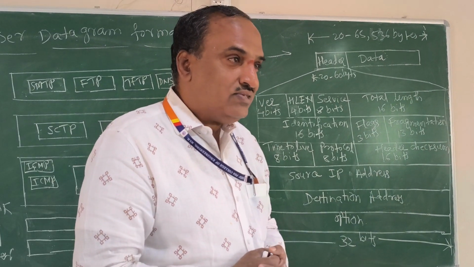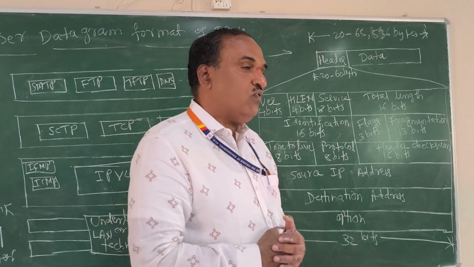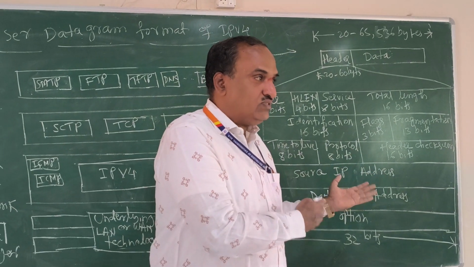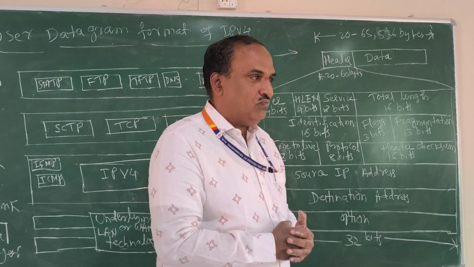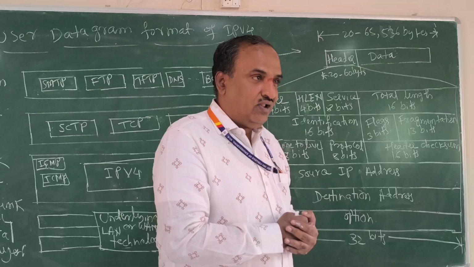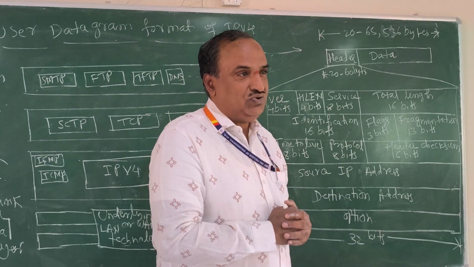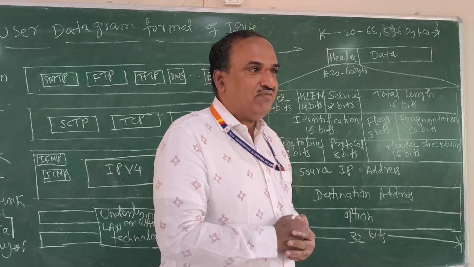Already in logical addressing I discussed how data is transmitted from one system to another. The address provided by IP, the network layer, will not change. Only the address in the data link layer will change.